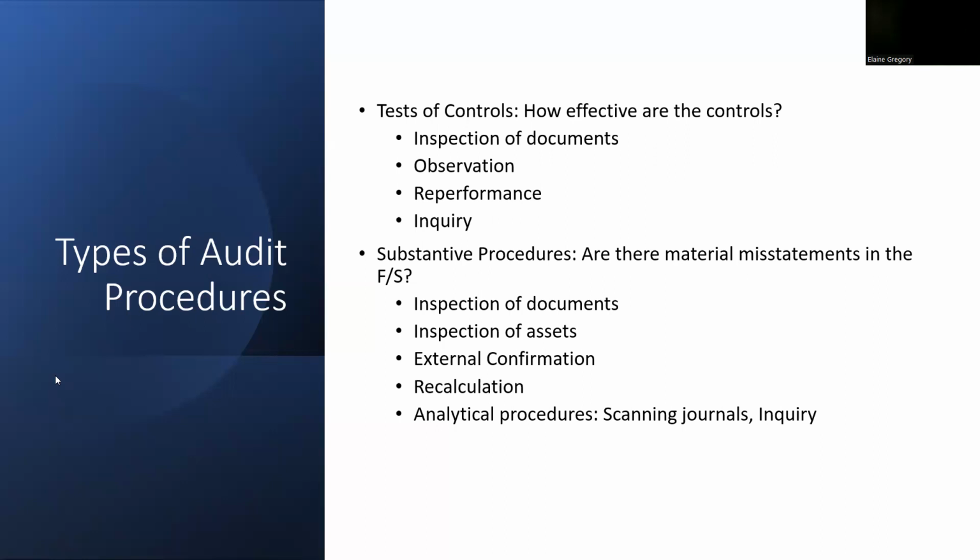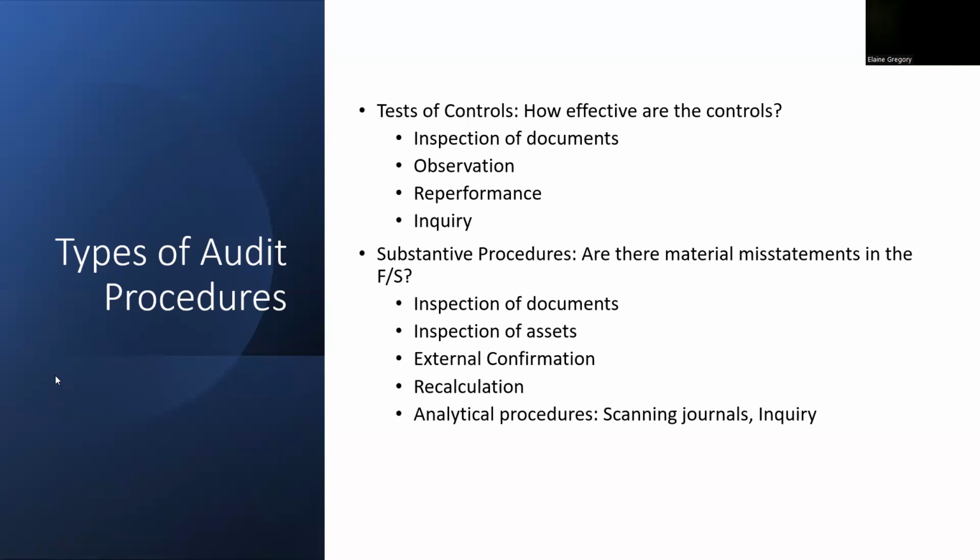The second category is called substantive procedures, and those are whether or not there are material misstatements in the financial statements. And again, there's a lot of ways that we can go about identifying different procedures. We can inspect documents connected to the financial statements. We can look at assets. We can do external confirmation that we covered with third parties.